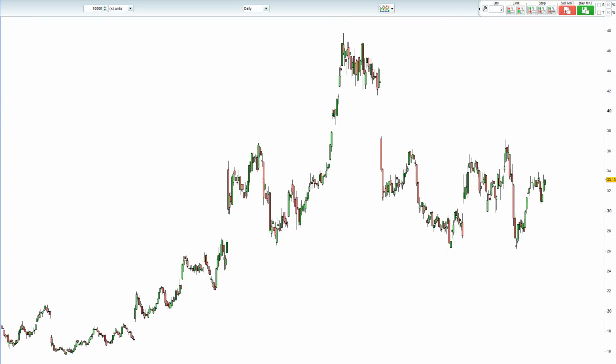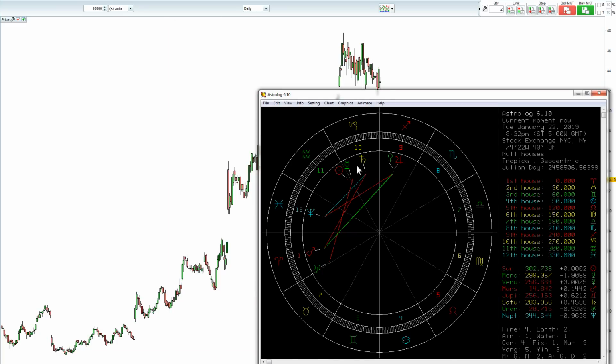Now it could be, and we could look to see when Mars is in trine or in opposition, and we might find a higher top over here. But this takes us out of the time frame that we're looking at. We want to look for swings that are a month, 2 months, 3 months long, not a year and a half long, and things of that nature.